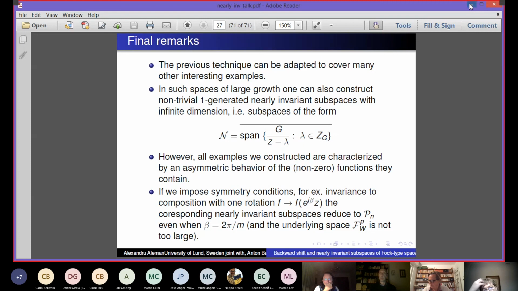Don't you get something? That might be dense. I'm not sure. It could be the sum of the space. Could be dense, but I don't have a proof right now. But it could happen. One has to check.